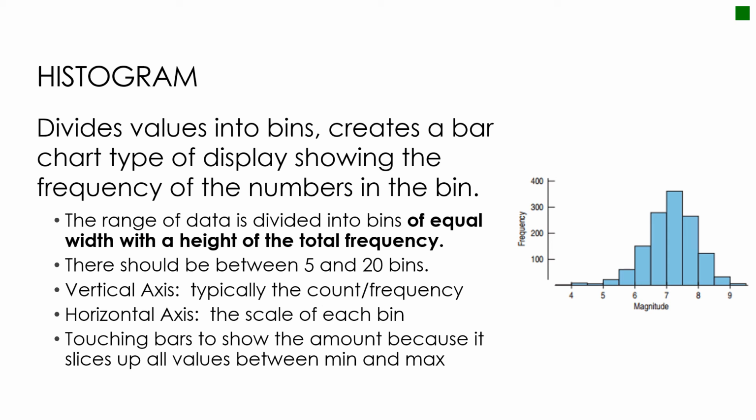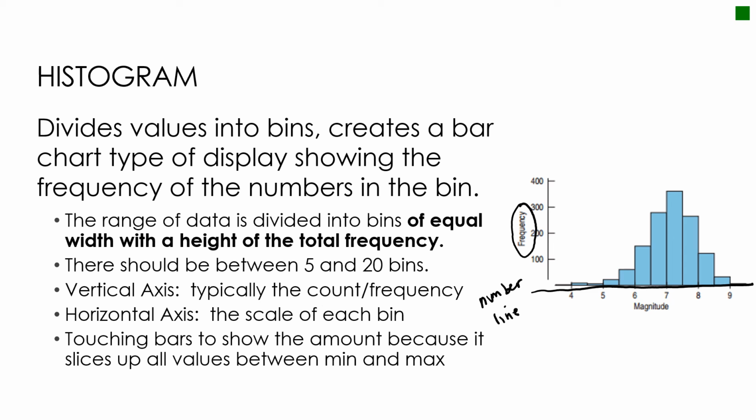The reason there are no spaces here is because the horizontal axis is essentially a number line, and in a number line we're not going to have any gaps because it's continuous. We want our data in bins of equal width, and the height is the frequency of each of those.